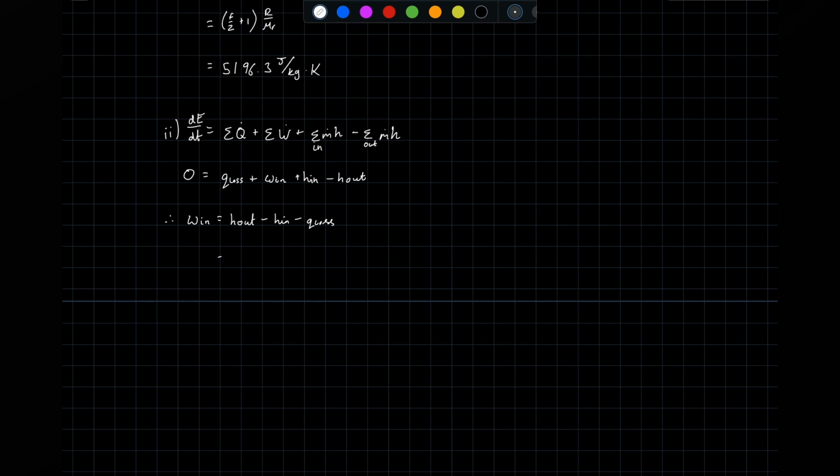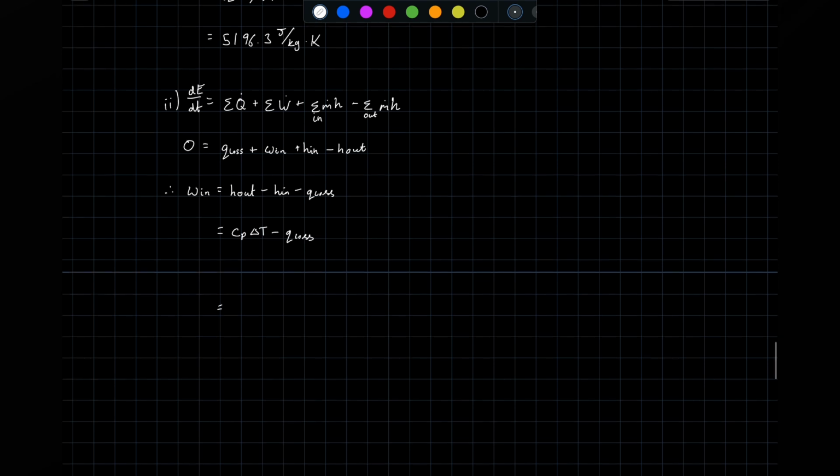So if we start substituting this in, remember this is per unit mass, so we leave out the mass, Cp delta T minus Q loss, right? Because the only difference between the two are the two temperatures. Let's just fill in the values. So Cp is 5196.3.